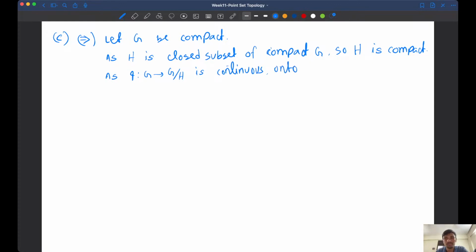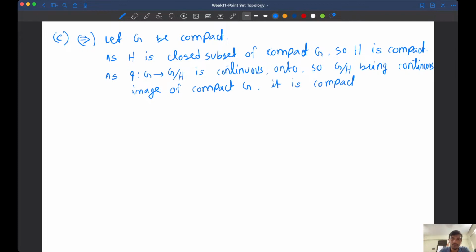So G mod H, being a continuous image of a compact group G, is compact. So G compact easily implies that H and G mod H are compact.